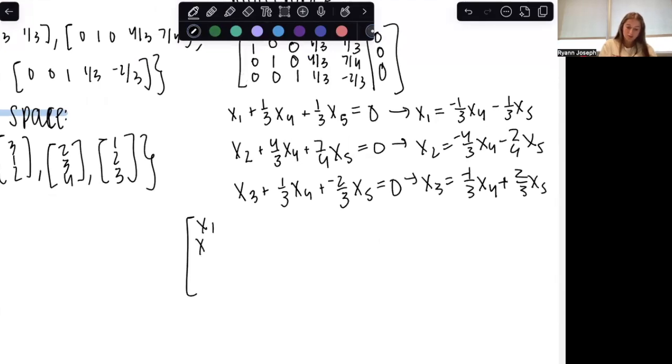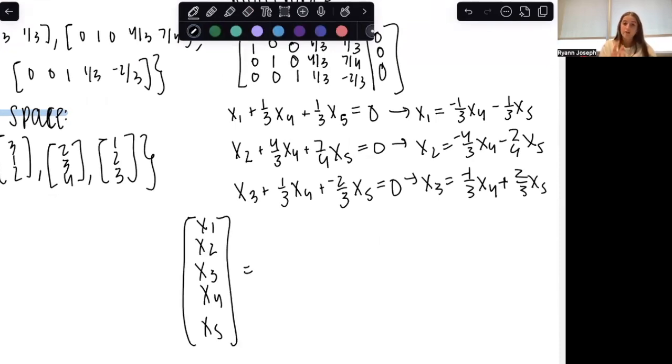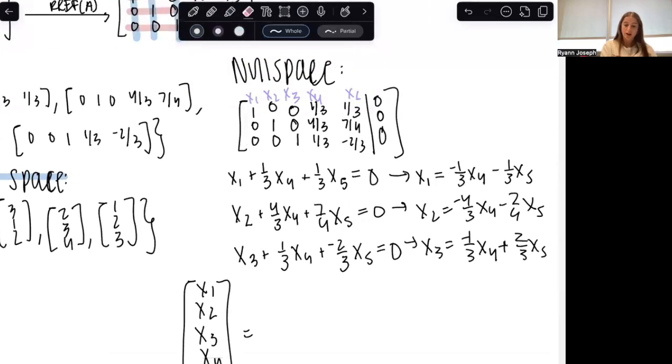So I've got x1, x2, x3, x4, x5. I know that I need a column for every single free variable. In this case, I only have 2 free variables. My free variables are x4 and x5 because they don't have a pivot.